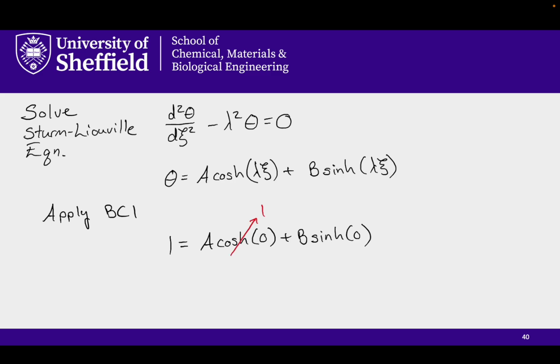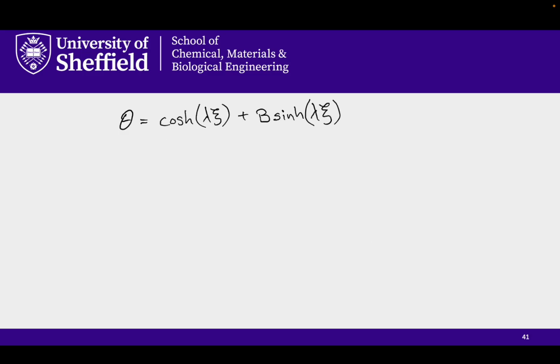Our cosh term goes to unity, our sinh term goes to 0, and we can solve for our first constant of integration, a, which has a value of 1. We substitute a equal to 1 into our solution, and the coefficient of cosh goes to 1.